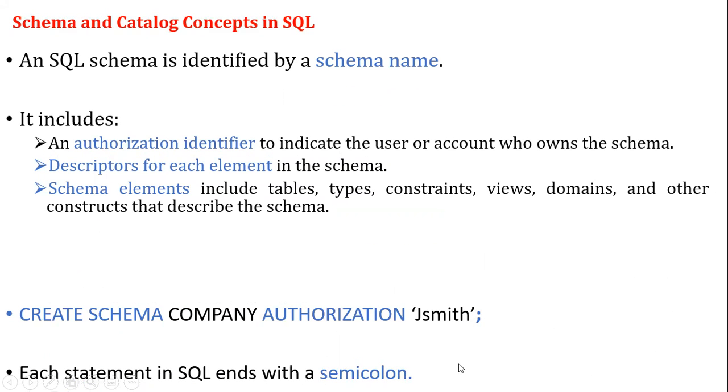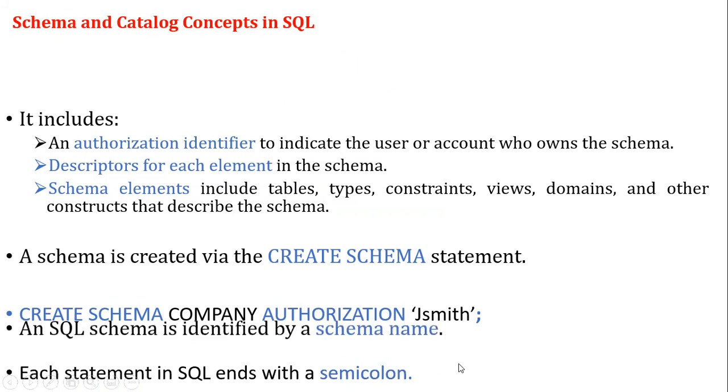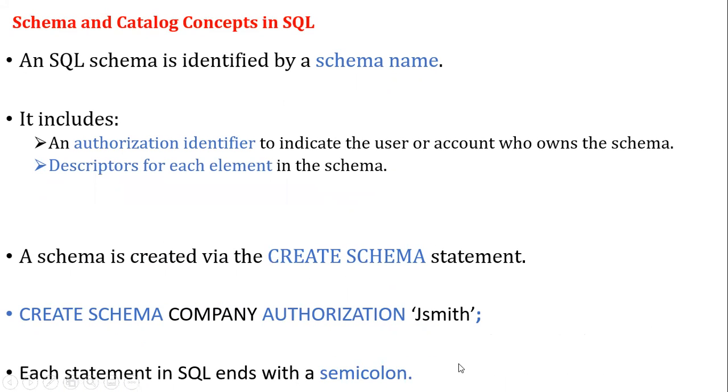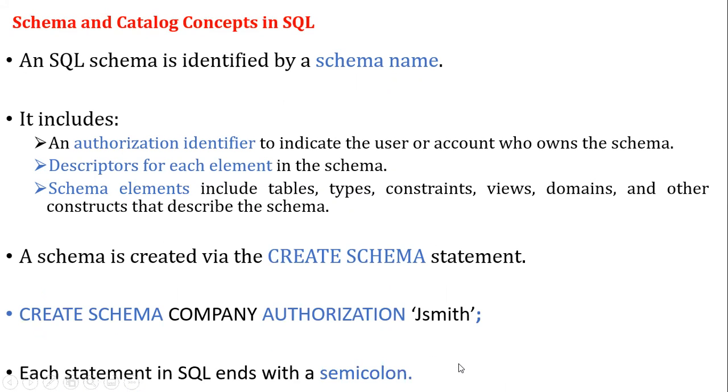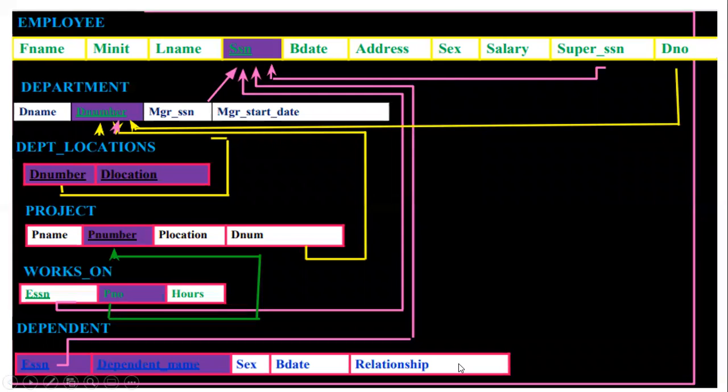So this is very important. Now assume that this is the company database, the schema which we have created. There we have a total of six tables. Each table contains a different number of attributes, with the primary key indicated with an arrow mark and foreign keys indicated with the tail of that arrow.